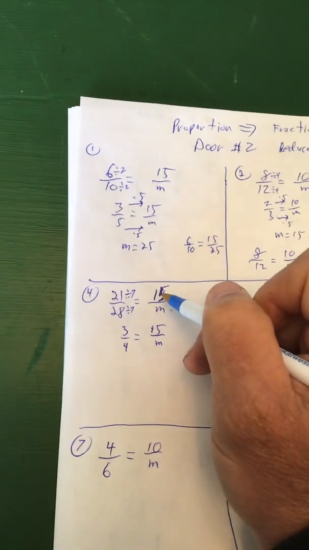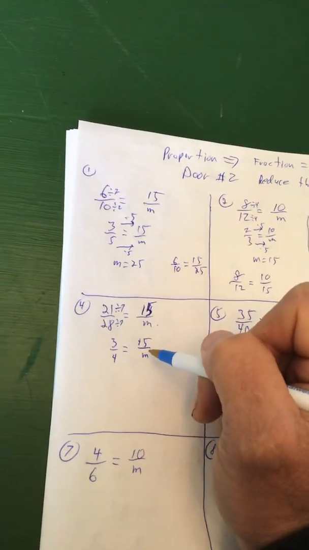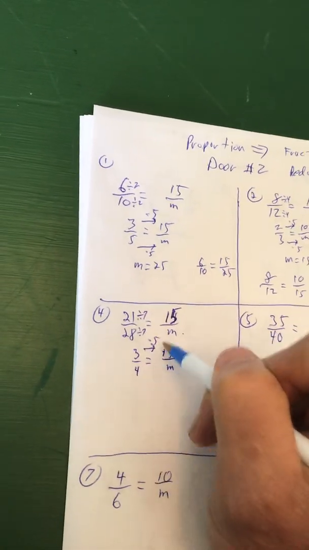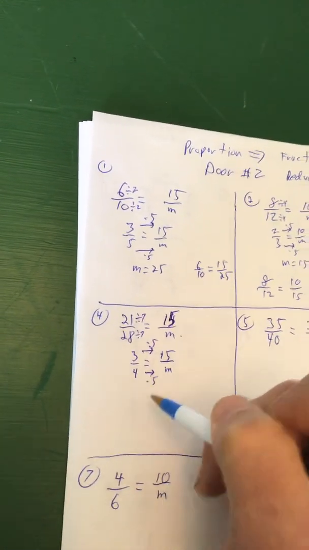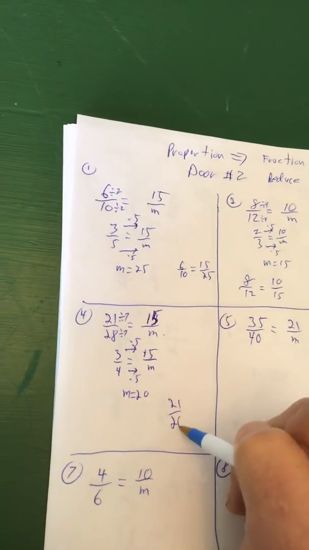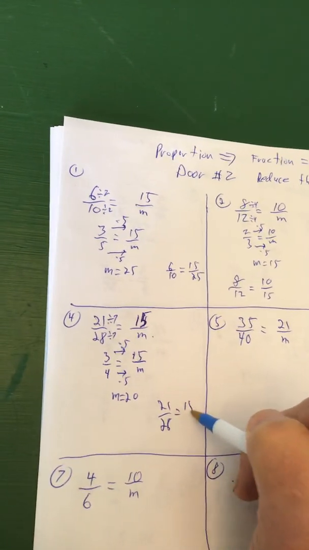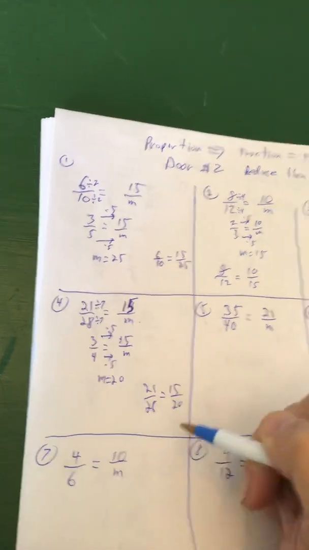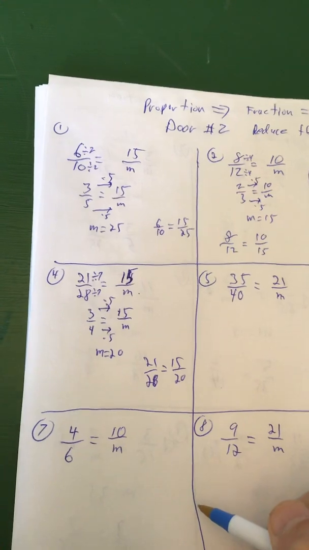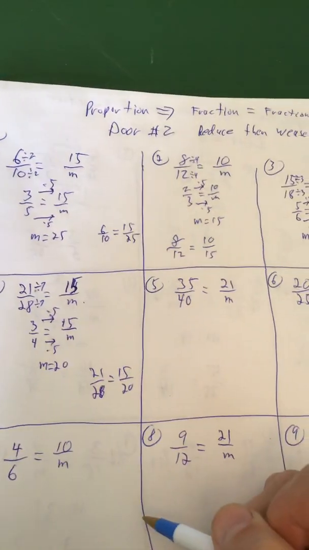So go back here and change this to 15 over m. So this was times 5, so times 5. So m equals 20. So 21 over 28 equals 15 over 20. They both reduce to 3/4. So sorry I messed up on that one.